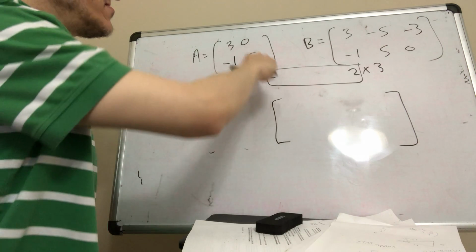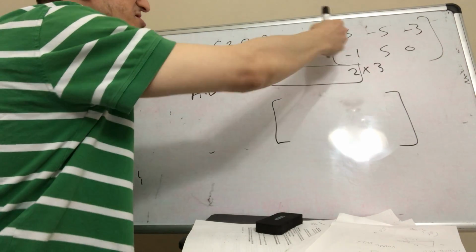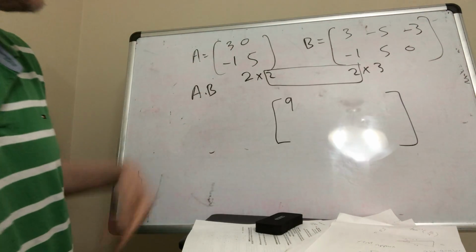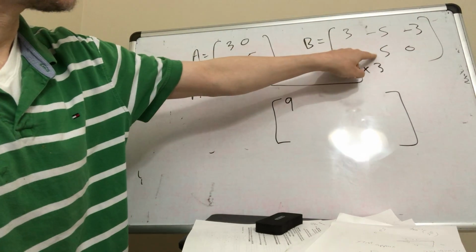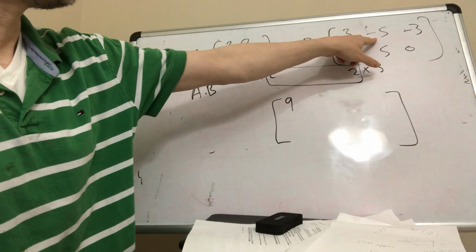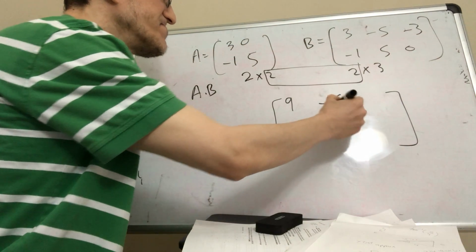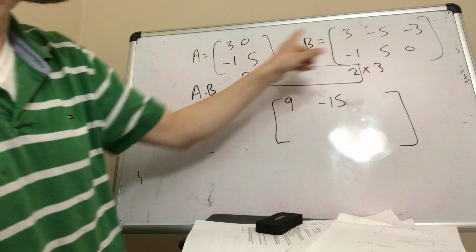For the first number, you take this row by this column. 3 times 3 is 9, 0 and 1, 0. For this number, you take this row, second column. 3 times negative 5, negative 15, plus 0, negative 15. And for this one, first row, third column.